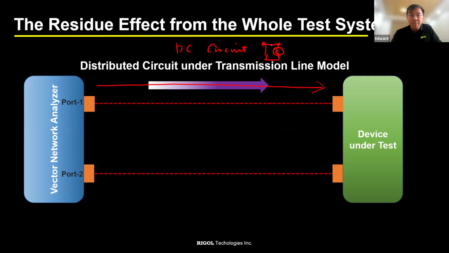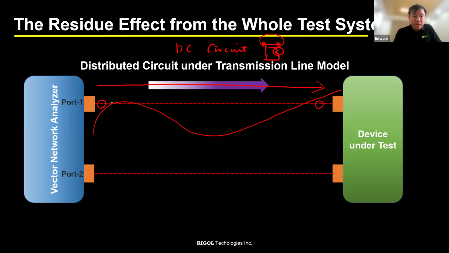So it can be treated as the same point. But for transmission line theory, this point and this point are not at equal potential. That is because there is a traveling wave here, right? So sometimes we get a high voltage here, but a lower voltage at this point, because the traveling wave is at very high frequency. So the wavelength scale is shorter than the whole transmission line length, and we need to treat it as a transmission line effect, okay?